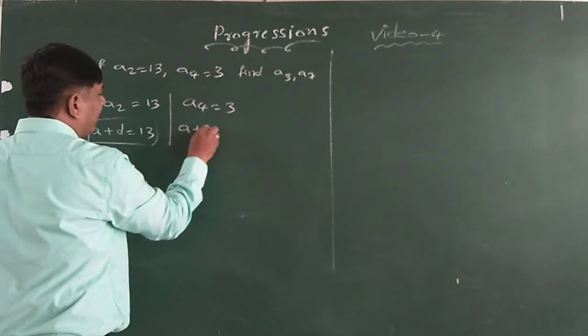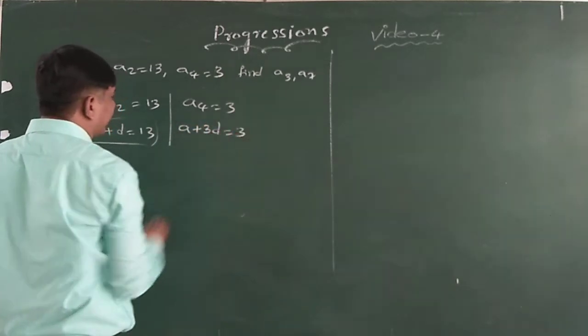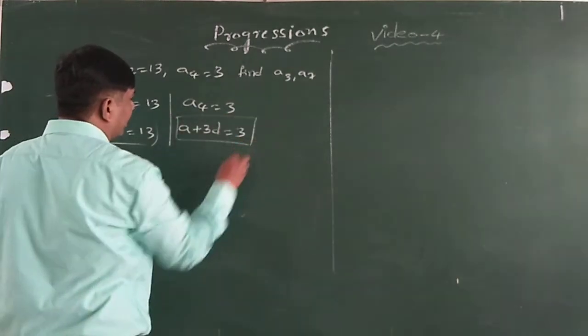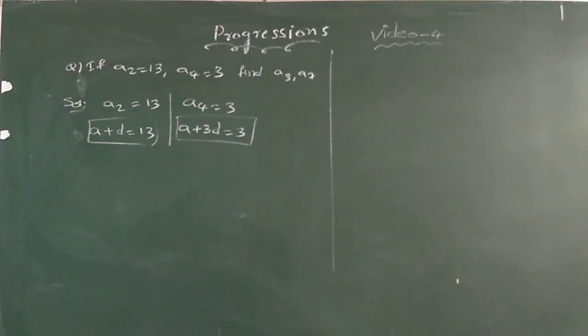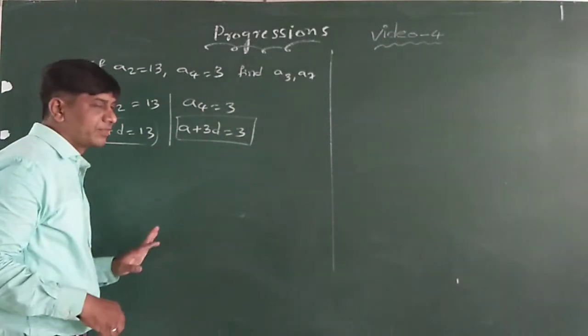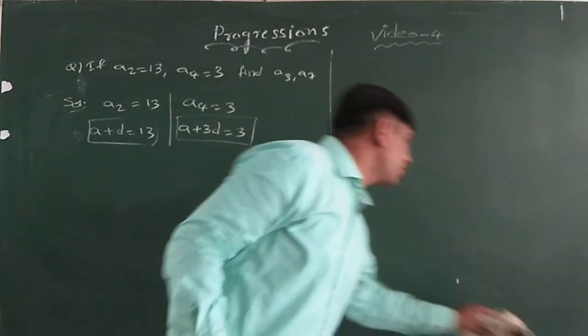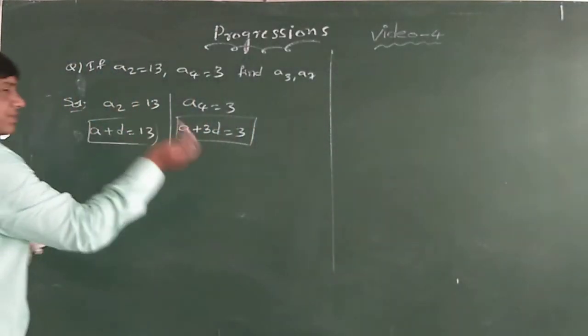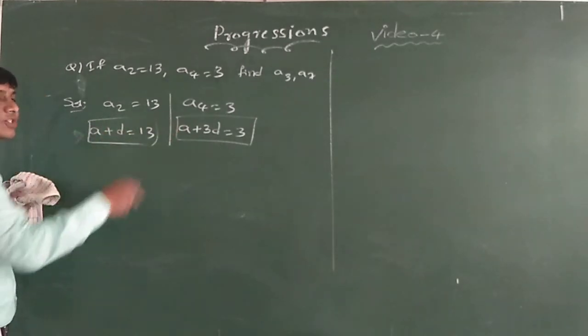A4 can be written as A plus 3D is equal to 3. Again one more linear equation. Solve these two equations by substitution method or by elimination method or any other method. Solve these two linear equations.